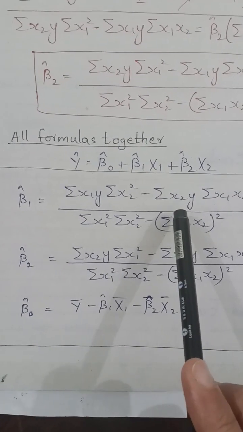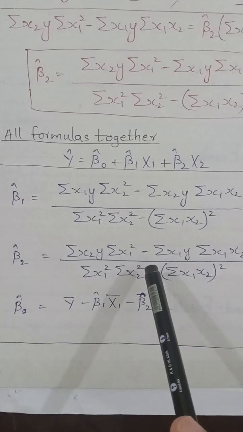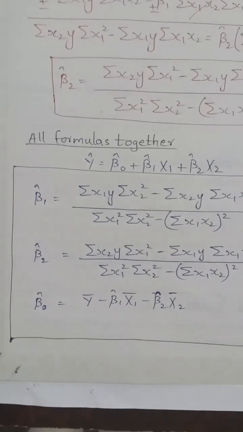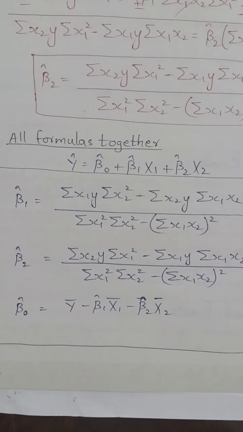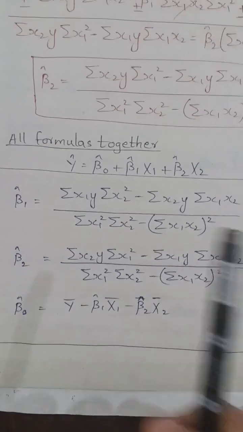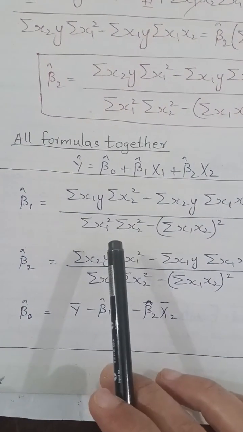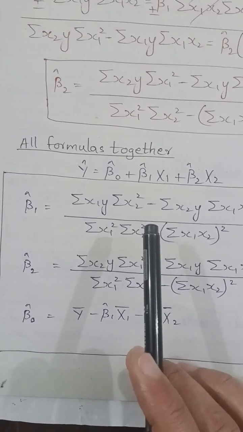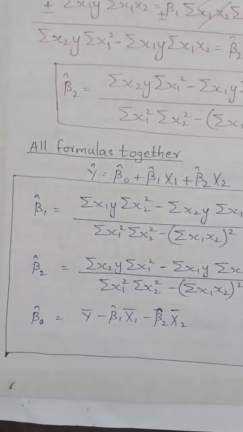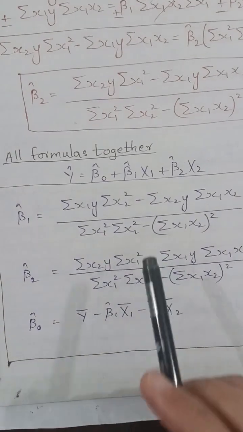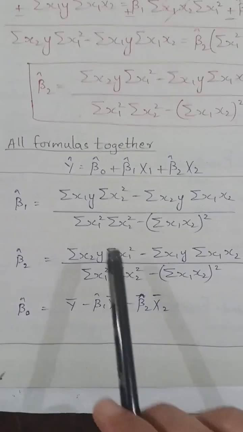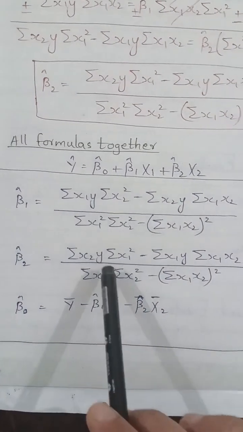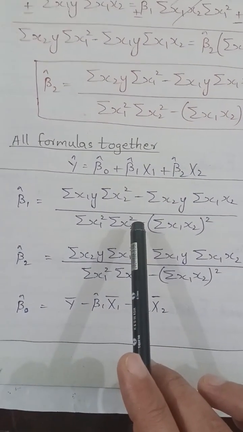Either remember beta 1 hat or remember beta 2 hat. If you remember one of these formulas, the other formula will automatically be remembered. So remember these formulas and do not forget them.